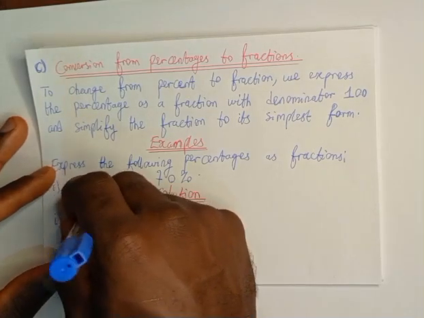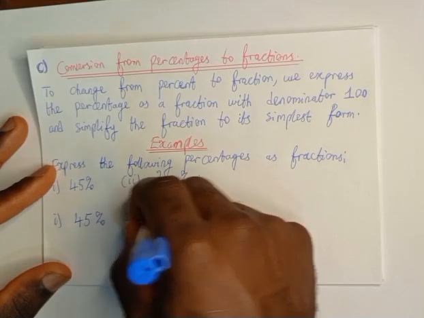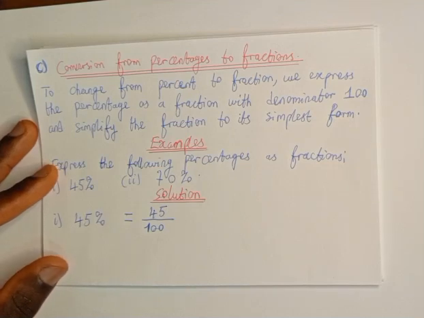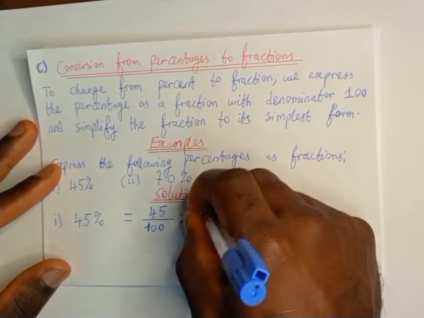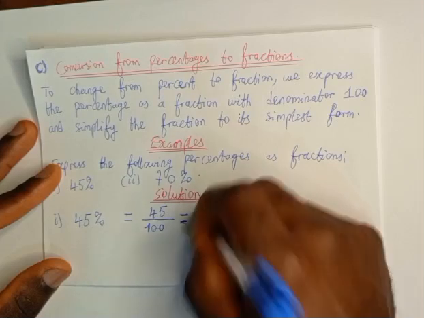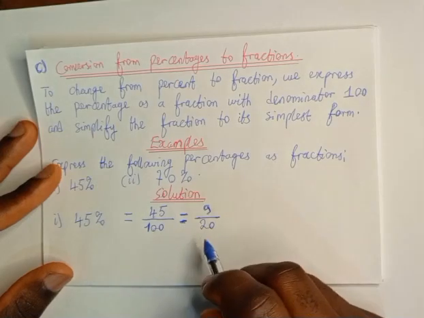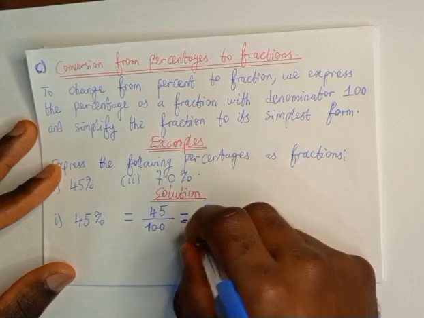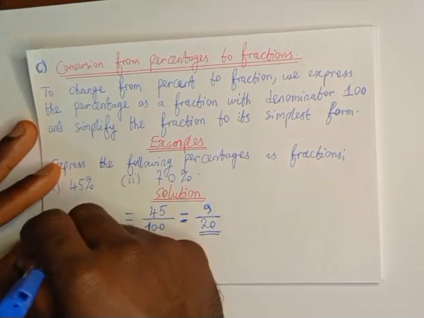First one, 45%. We know 45% is the same as 45 out of 100. Simplifying 45 out of 100, 5 will go into 45 9 times, and 5 will go into 100 20 times. The highest common factor of 9 and 20 is 1. That means we cannot further simplify. Therefore, 45% is equal to 9 over 20.